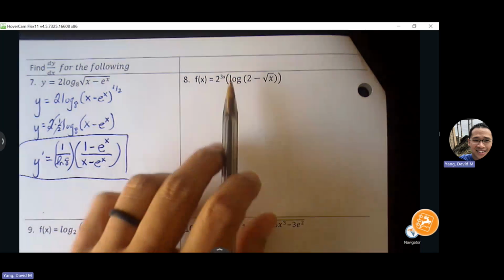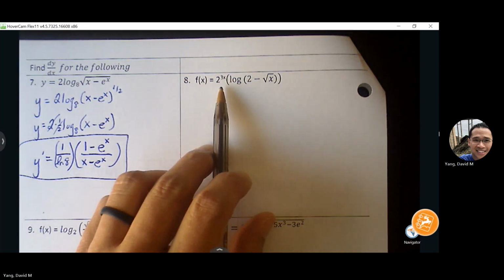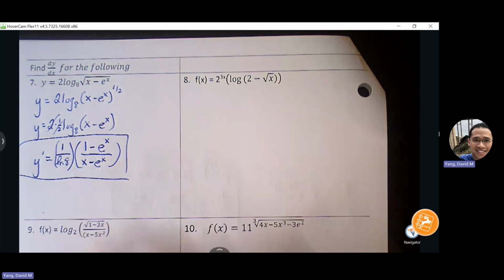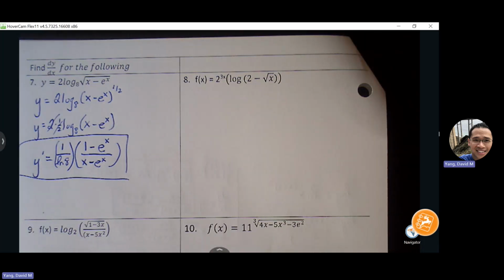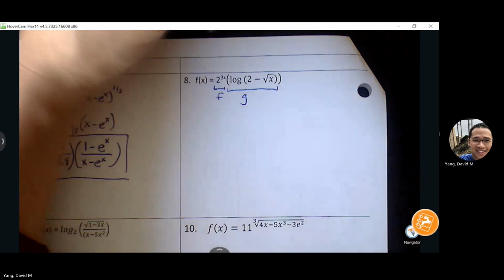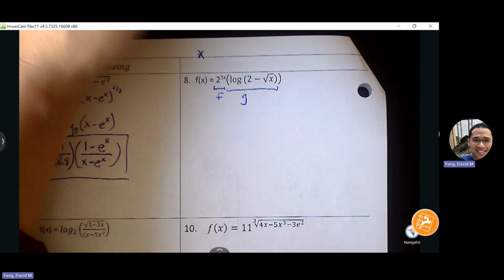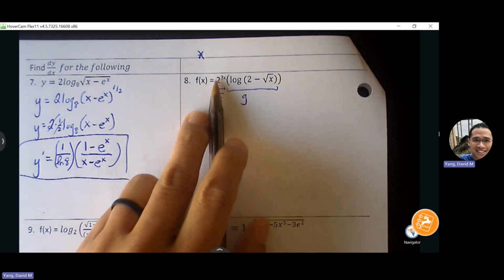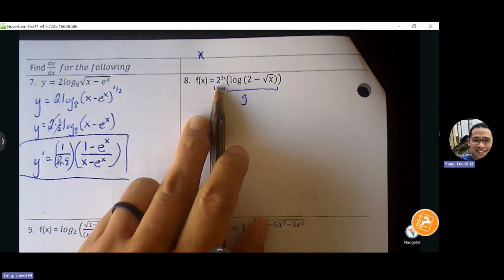Okay, number 8. We obviously see a couple of rules here, but what's the big rule that we have to make sure we include here? Product rule, yeah. As a reminder, what type of function is this? Exponential, right?